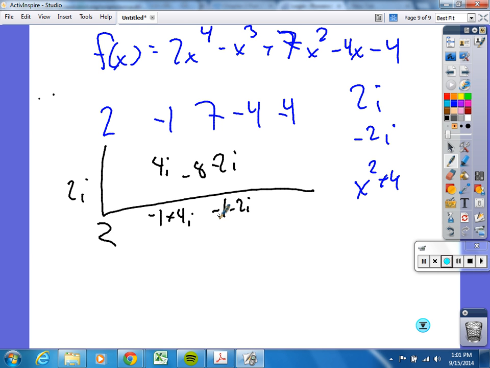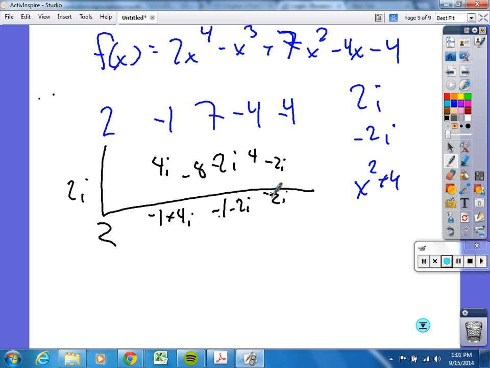2i times negative 1 is negative 2i. Now 2i times a negative 2i becomes a negative 4i squared, which then comes to be 4. Negative 4 plus 4, 0 minus 2i is just negative 2i.